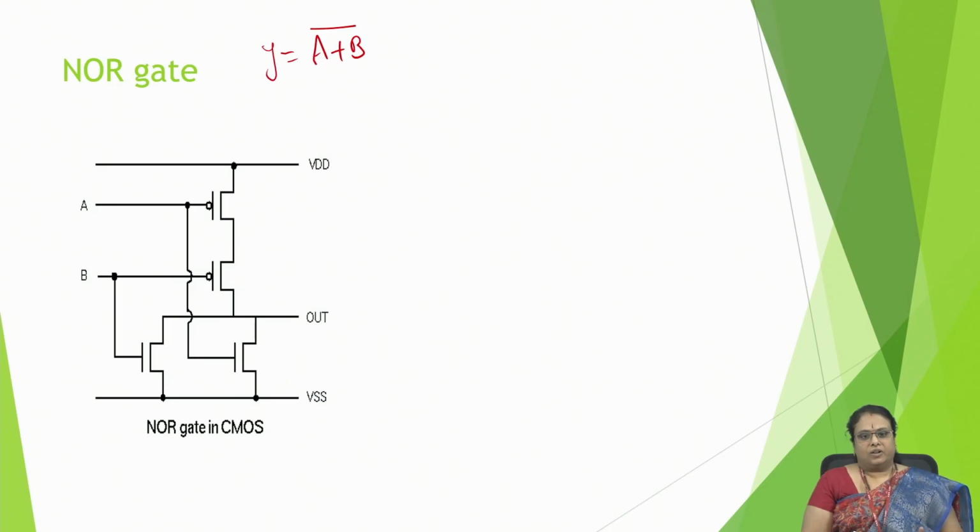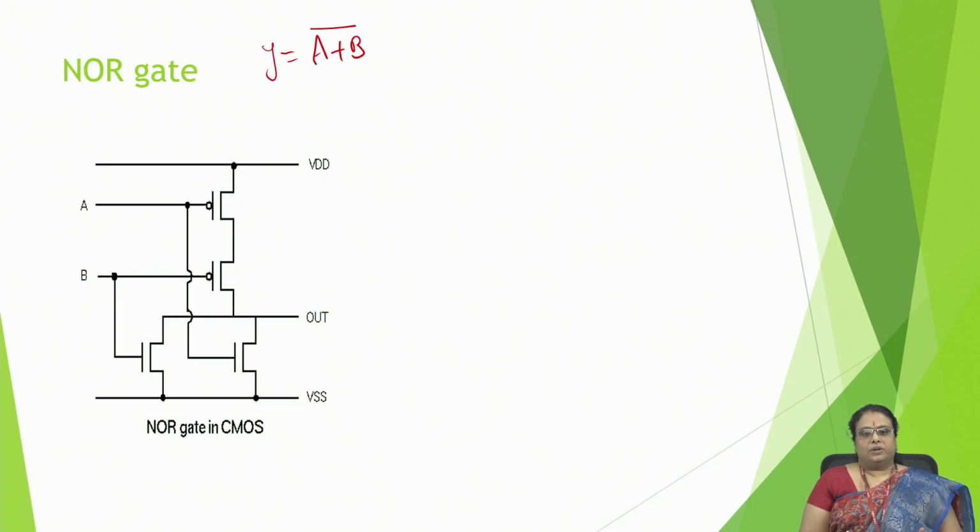Generally, we have various logic gates like OR gate, AND gate, NAND gate, NOR gate, XOR gate, etc. All the gates can be represented using these layouts and stick diagrams, because the basic IC design flow uses MOS transistors for the design.